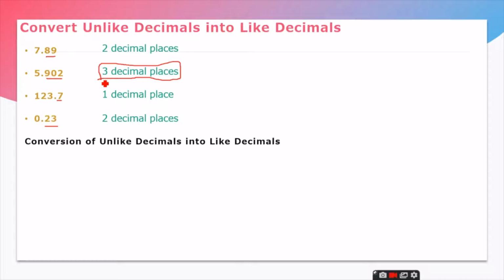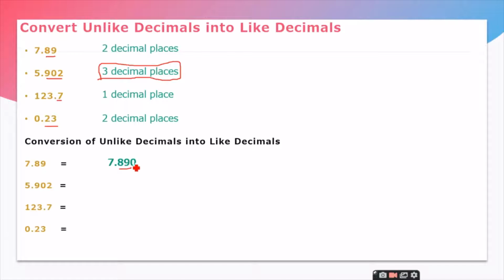Now let's learn the conversion of unlike decimals into like decimals. First one is 7.89. We have 2 decimal places and we have to make 3 decimal places to make it like decimal. So for this we just have to add 0 to the right of the decimal digit. Now we have 3 decimal places.